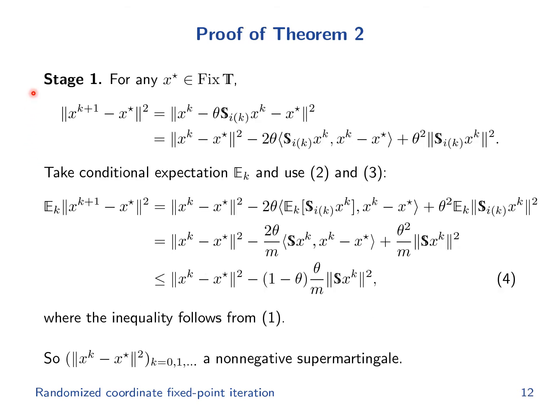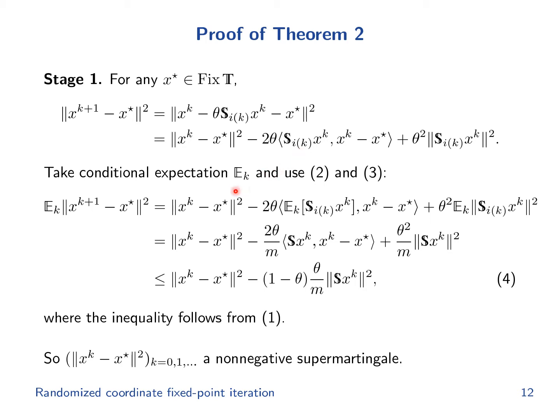Now let's start the proof of Theorem 2. Similar to the proof of Theorem 1, there are 3 stages. In the first stage, we expand the distance squared. This expansion uses the update formula, and expanding it gives us 3 terms, where the last 2 terms involve Sik.